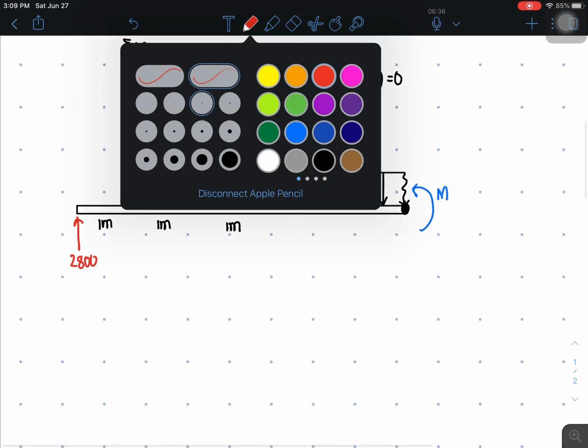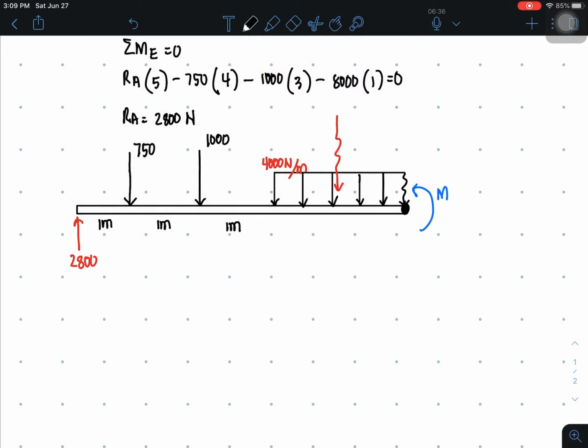Okay, let us express this as a function of x.